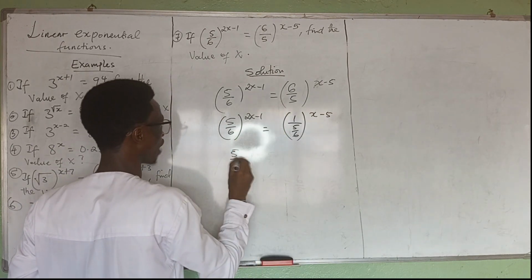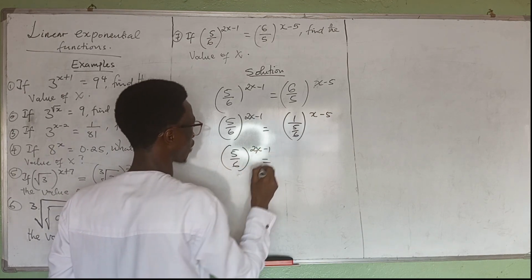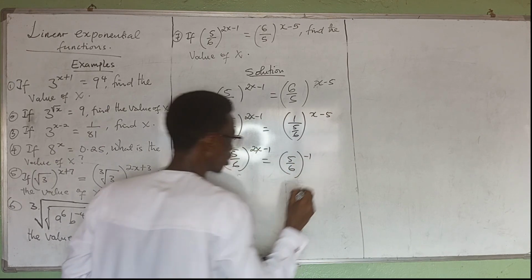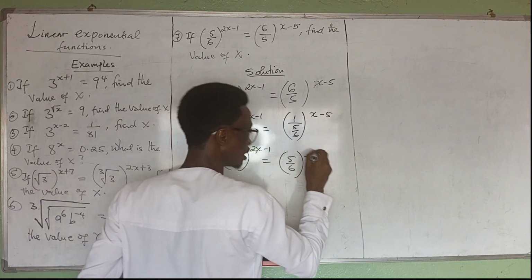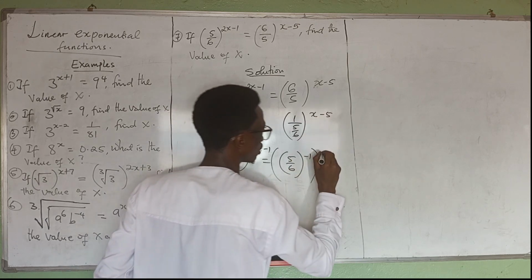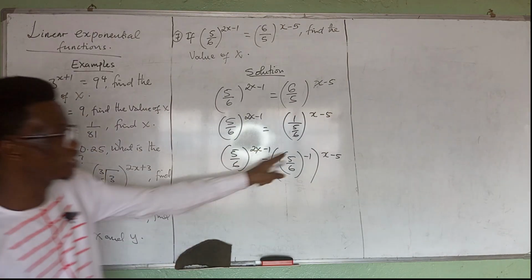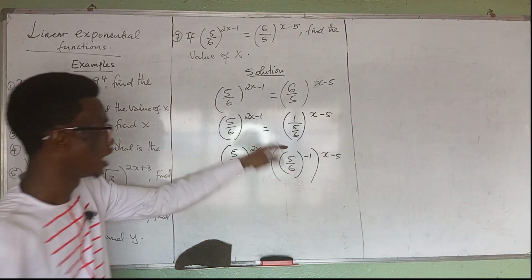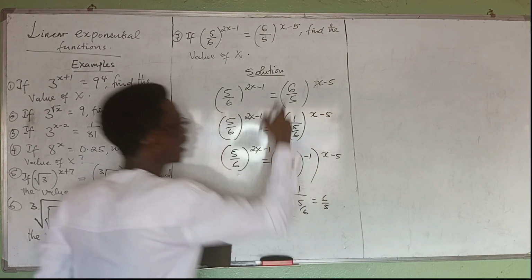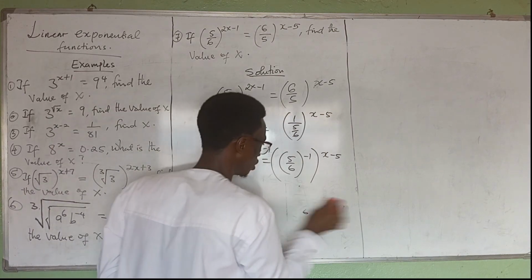So this becomes (5/6)^(2x-1) equals 5/6 all raised to the power minus 1, and then everything here raised to x-5. This one here is the same as 1 upon 5/6, which is the same as 6/5 as the first one here. So that's one thing you should know.